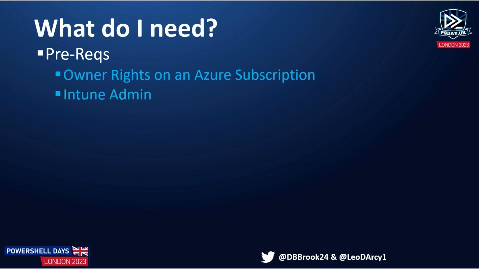Once you get into the building, like the refreshing of the image, you need slightly less rights, but you definitely do need some ownership rights to start with. You need the Intune admin rights to allow us to tie in with the Windows 365 section.